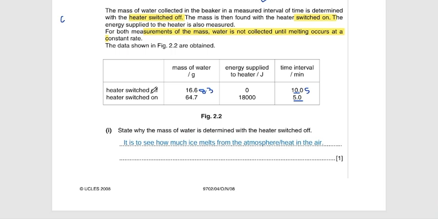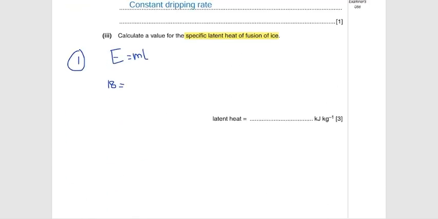Even when the heater was switched off, we still got some mass of water because, due to the atmospheric air, the ice continued melting. When the heater was switched on, it was due to the atmospheric air plus the heater. So if I want to calculate just the heater, I will subtract 8.3 from 64.7 so I can know how much my heater worked. When I do this, the mass I get is 56.4 grams. And you have all the values.